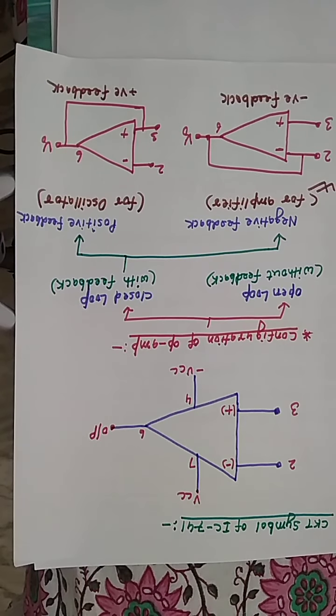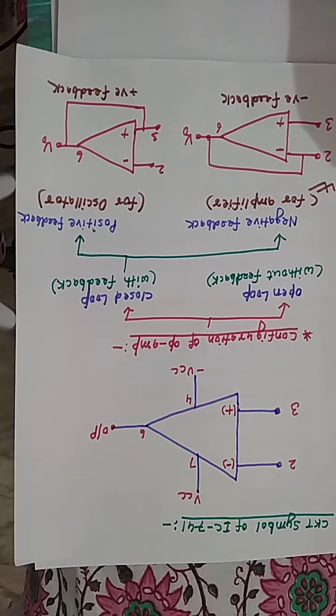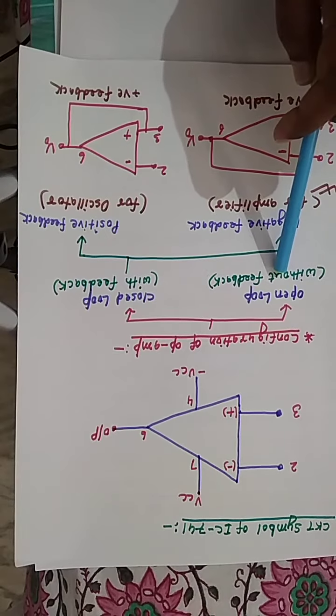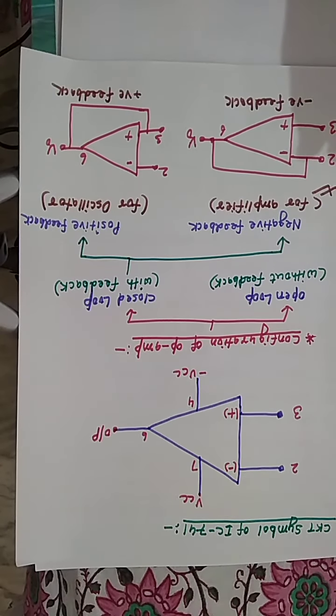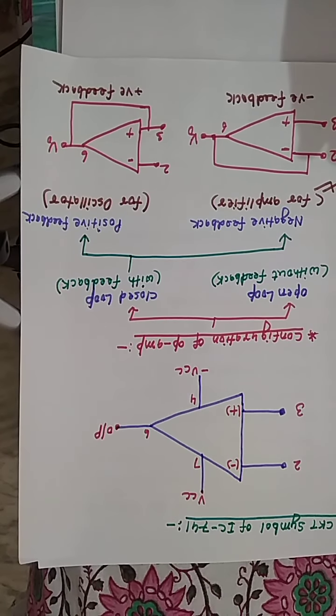Okay guys, now there are two types of configuration of op-amp: open loop configuration and closed loop configuration. First of all, try to understand what open loop and closed loop are. Suppose I try to explain this with the help of an example.